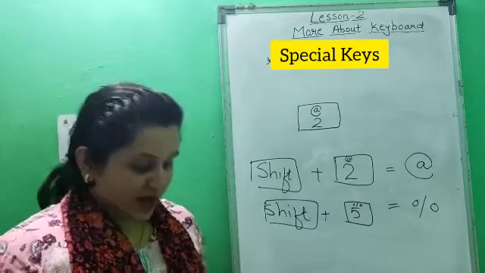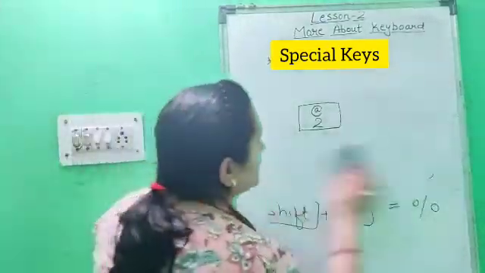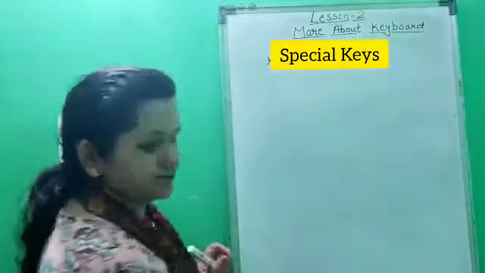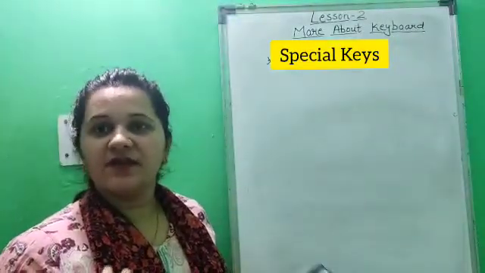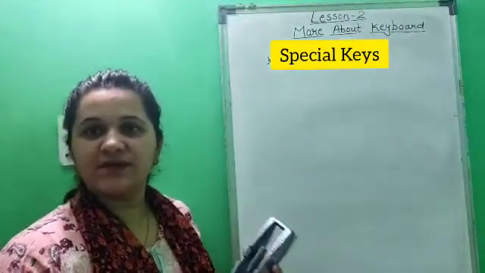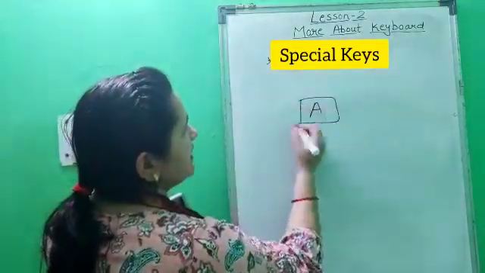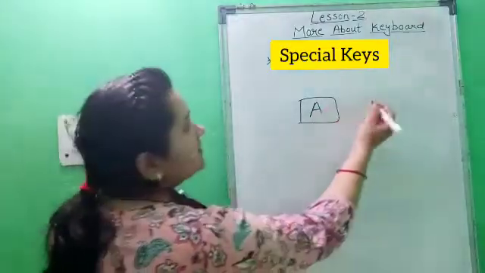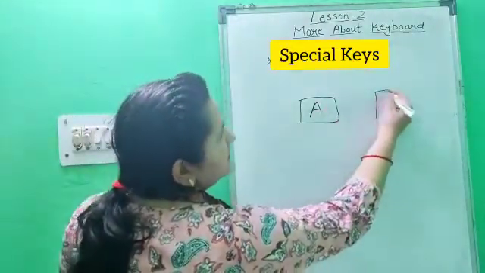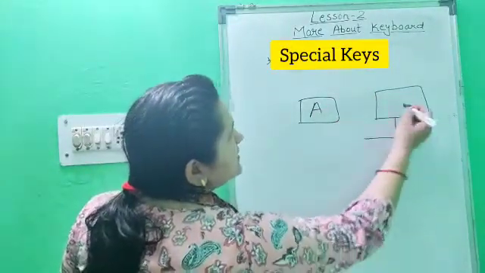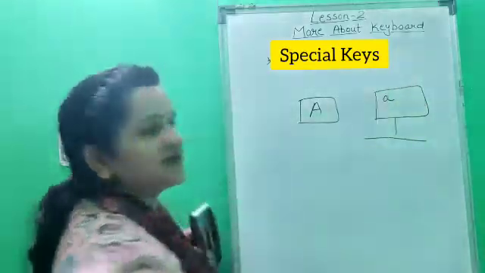Okay children, next. Now the next use of shift key is what? When the caps lock key is off, it helps in pressing the letter in capitals. Suppose this is the alphabet key A. If I press this key, what will appear on the screen? Yes, it will appear like this, a.